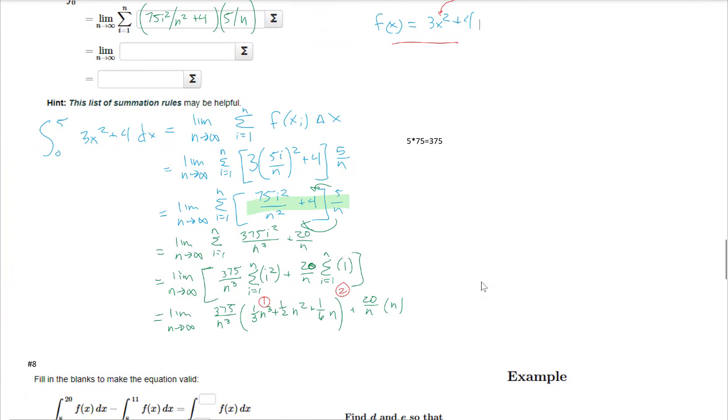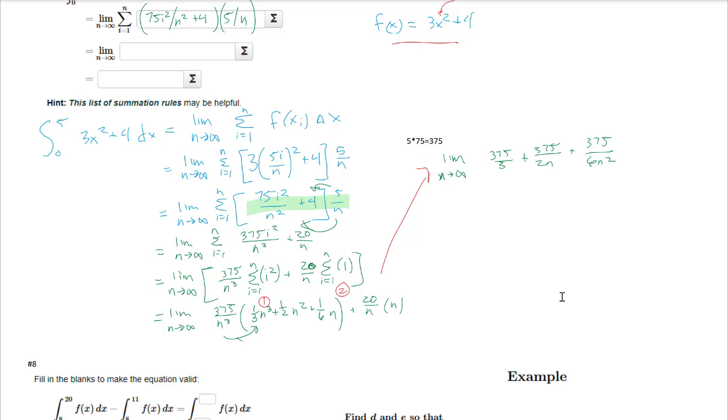Okay, so now what we need to do is simplify this beast. We're going to need to go on to a different piece of paper right here. So we have the limit as n goes to infinity of, now what do we get in here? So what's 375 over 3? That's just 375 over 3. Okay, that's my n cubed terms. And then I get 375 over 2n plus 375 over 6n squared.